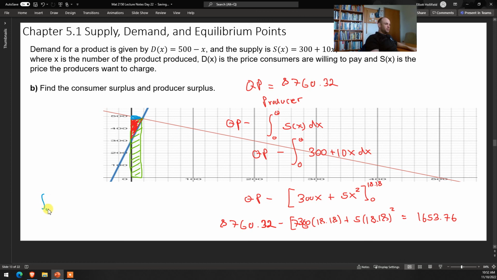We take the integral from 0 to Q of D of x dx minus Q times P. That is the integral from 0 to 18.18 of 500 minus x, minus 8760.32. Now we can find our antiderivative: 500x minus x squared over 2.